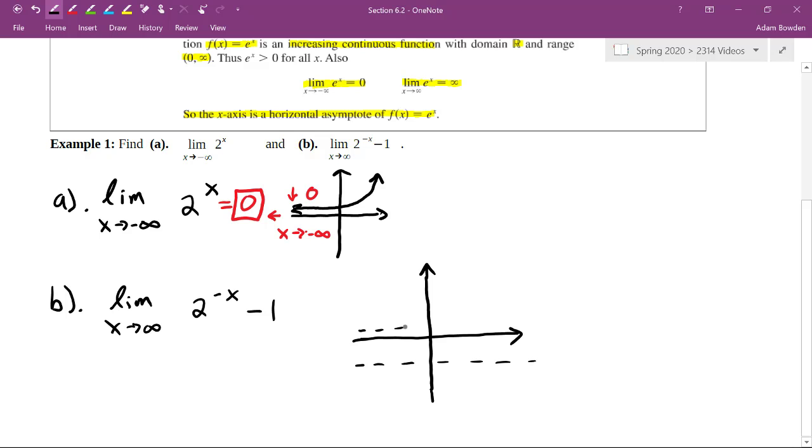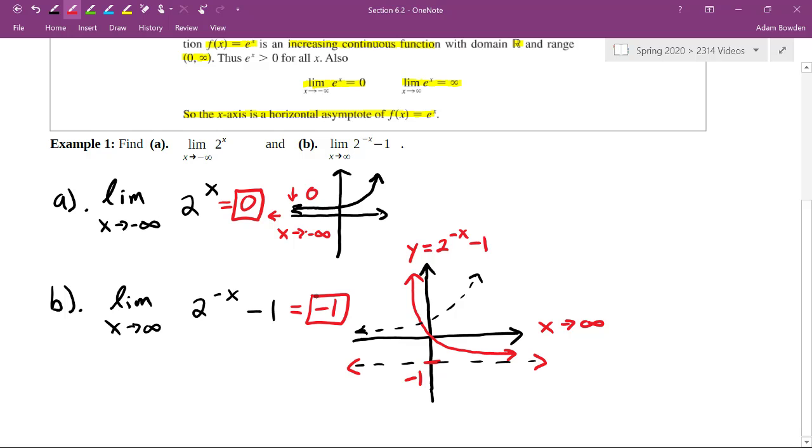So it would originally go somewhere like this, but after reflecting it and moving it down, it's going to have a shape like this instead. And so as x goes to positive infinity, we can see that the graph is trailing off, getting closer to negative 1. So the limit is equal to negative 1.